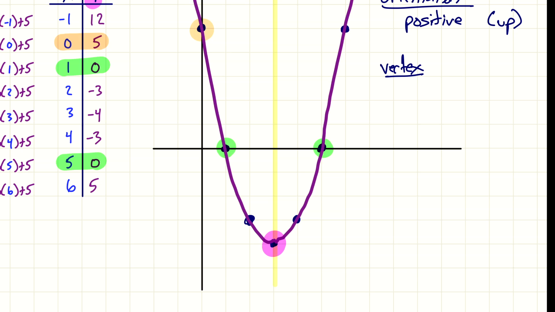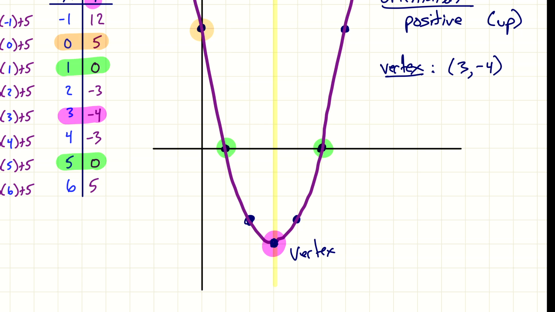This is the vertex. So this is going to be at 3, -4. And so you should notice also that 3, -4 is in our table as well.